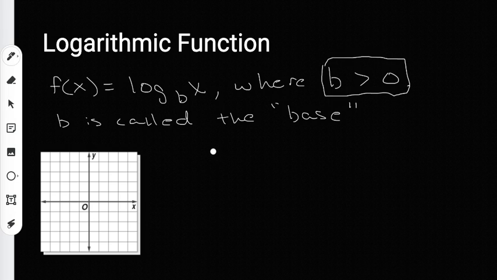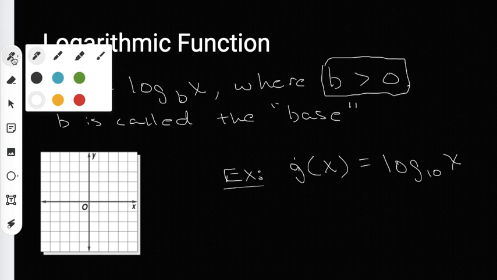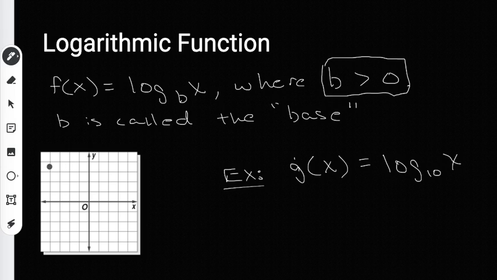So one of the interesting ways that you can write out the logarithmic function, let's say you have an example where b is 10. Then you would have g of x equals log 10 of x. So b can be any number that's bigger than 0. Just know that. So the way this is graphed is you're going to have a vertical asymptote at x equals 0.